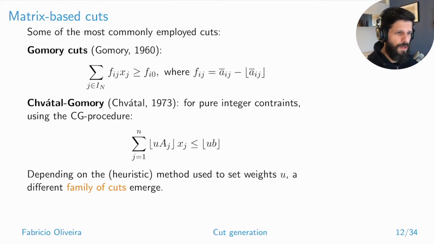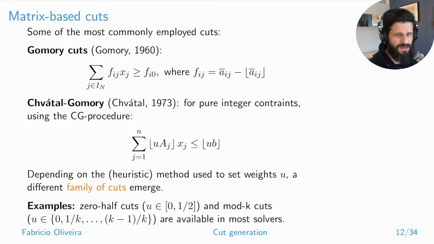And also, on top of the Chvatal-Gomory procedure, depending on the method that you use to define the weights u that you use to combine the constraints, that gives you a specific family of cuts. I'm putting here two examples that I know are available in many solvers. I'm not going to discuss how they work, but you might see references to things like zero-half cuts.